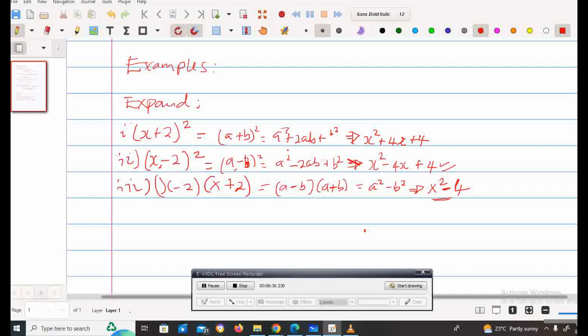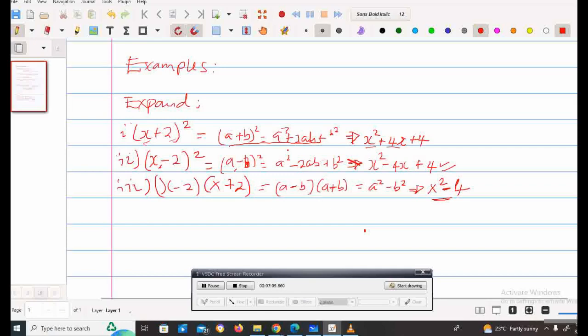In this case, x is our a and 2 is our b, and a plus b squared expands into a squared plus twice ab plus b squared. So x plus 2 squared expands into x squared plus 2 times x multiplied by 2, that is 4x, plus 4, which is the square of 2.